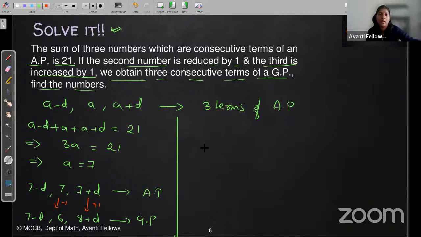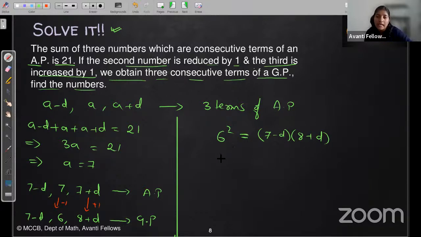I can say the square of the middle term is equal to the product of the first and the last term, that is 7 minus D into 8 plus D. Sorry, the middle term is 6, so this is going to be 6 square.